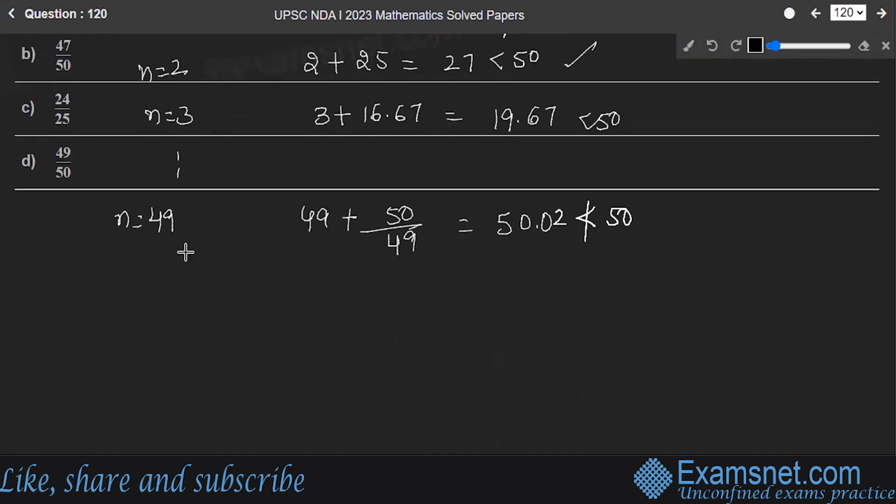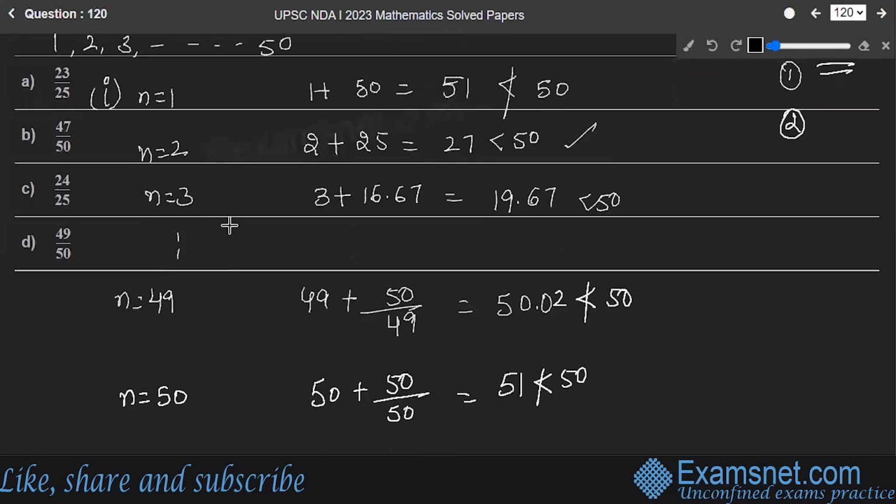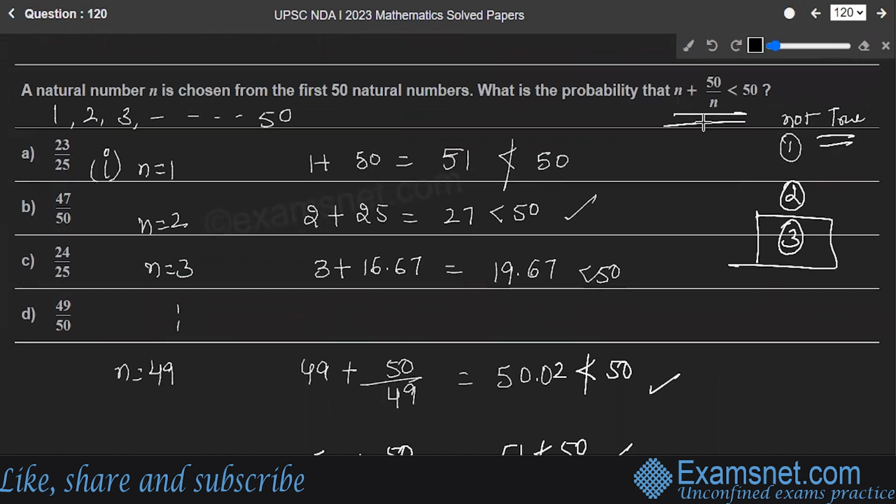Let's go for the last one, 50. So 50 plus 50 upon 50 is equal to 51. Of course, this is not less than 50. For n equal to 48, you try and fill it out; you will get a number less than 50 only. So we have 3 cases now for which this condition does not hold true.